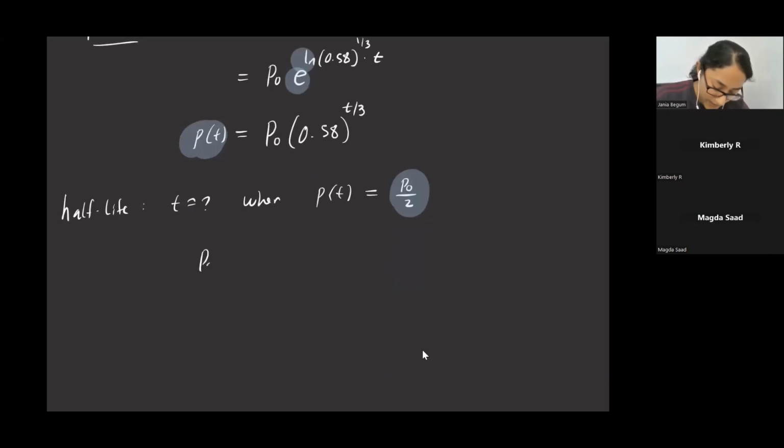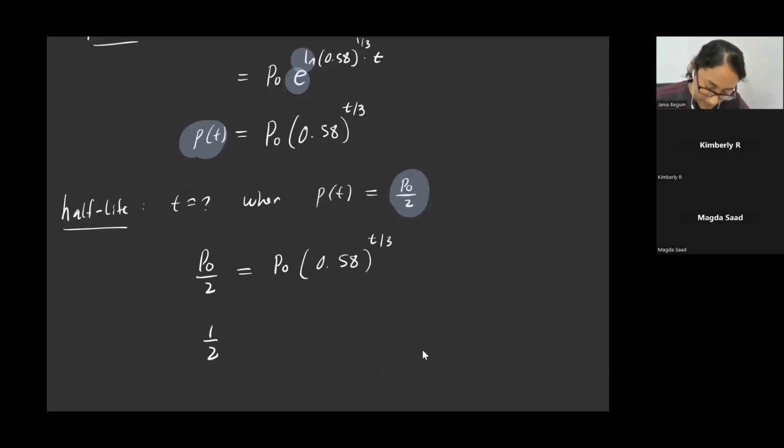You'll have the initial over 2 is equal to the initial times 0.58 to the power t/3. You're solving for t. Magda, let me know if we're okay so far. Yeah, we're dividing by 2 because of the half-life, right? Half means half of the original. What is the time? Now divide both sides by P initial.